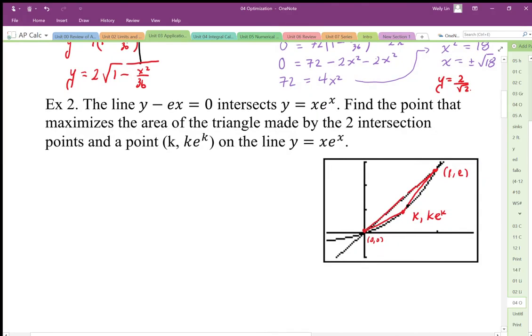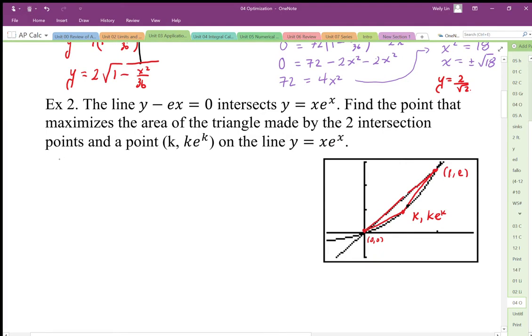Now, with optimization problems, we need to come up with an equation for the area. In this case, we're maximizing area, so I need to come up with an equation for the area. So what I'm going to do is use that matrix method or the cross product method to come up with an area equation.